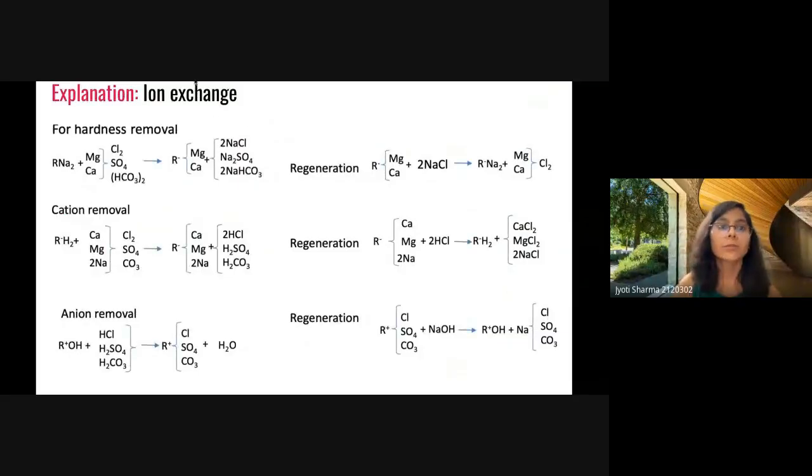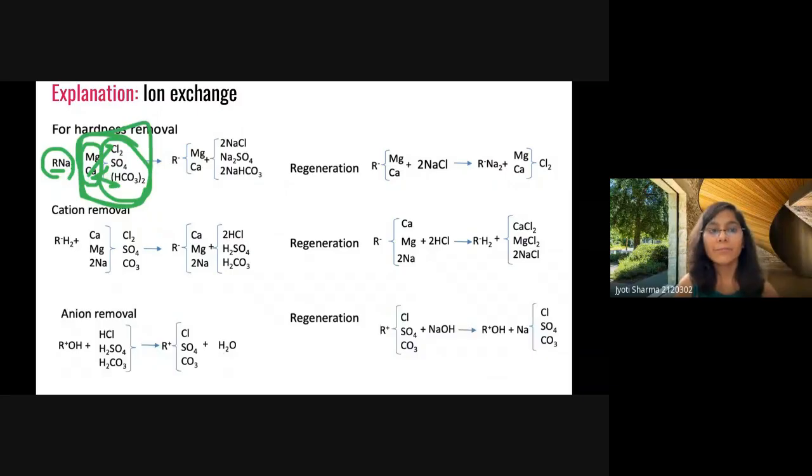Let me show you how we can do this. This is your resin, let's say R-Na2, and in the wastewater we may have calcium and magnesium, maybe with chloride, sulfate, and carbonate. So it may be calcium carbonate, bicarbonate, calcium sulfate, calcium chloride. These are the hardness that we have in the wastewater.